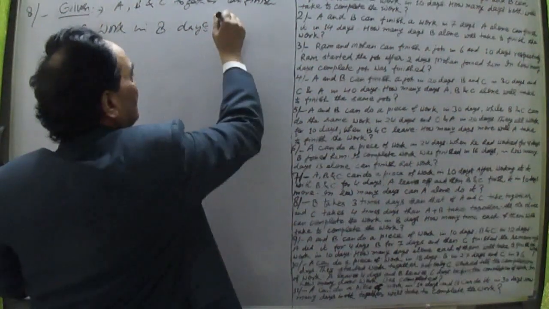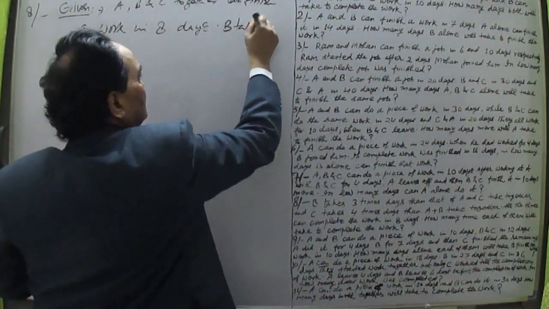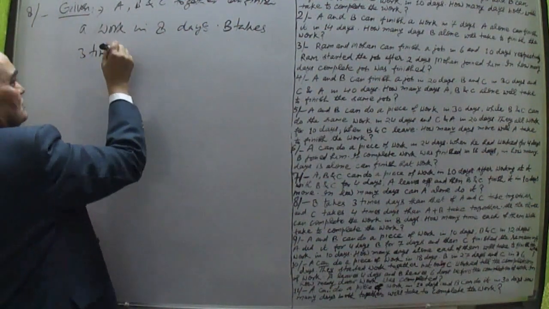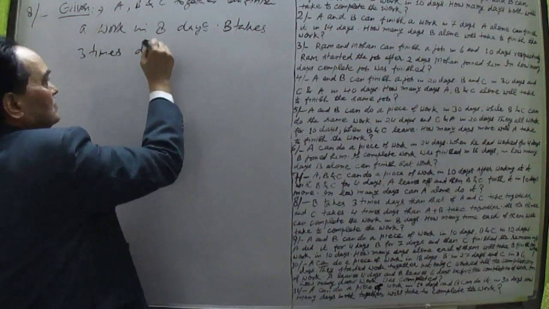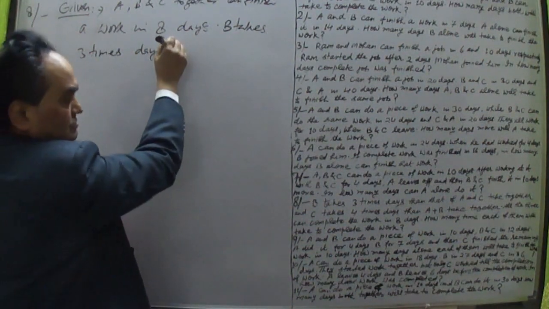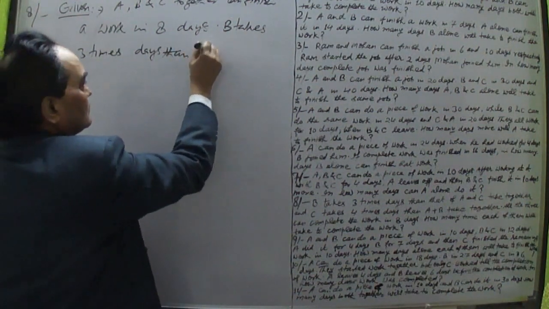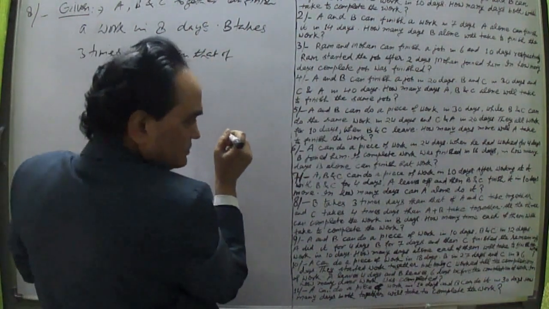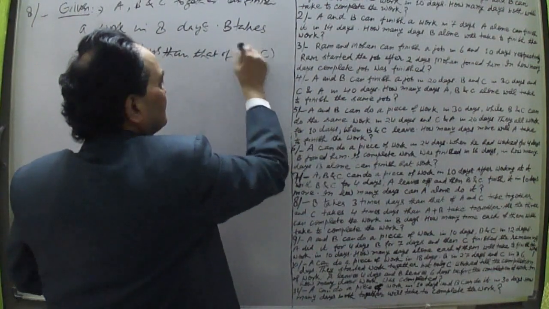Secondly, B takes 3 times the days of A plus C together.